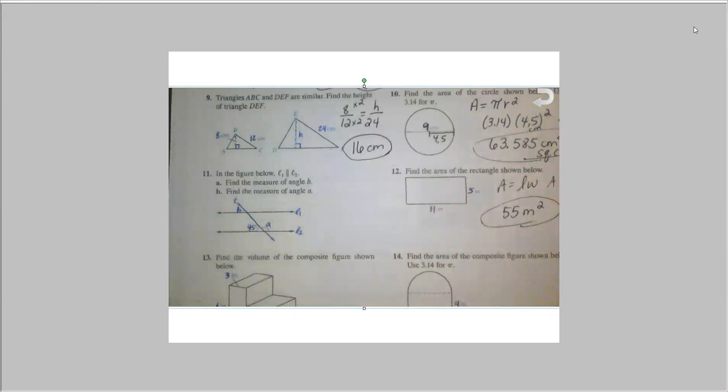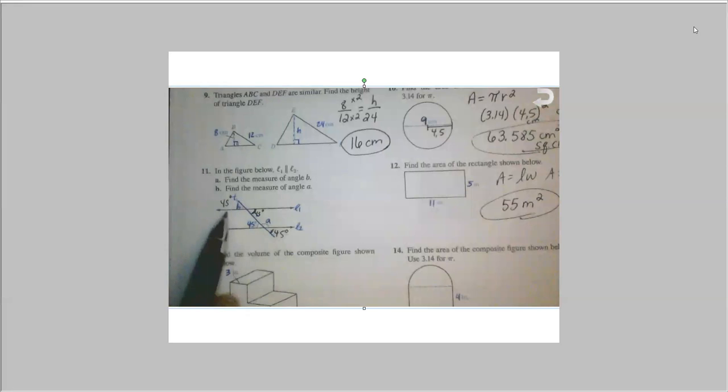So all of the acute angles are equal. Notice that we are only told that this is 45 degrees, okay? So every acute angle in this problem will be 45 degrees. This is 45 degrees, this is 45 degrees, and this angle right here is 45 degrees, okay? We already know all of those.